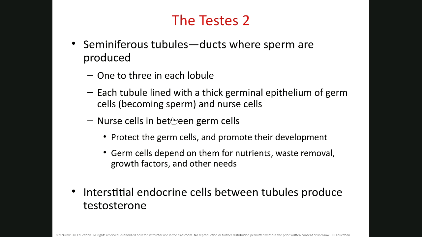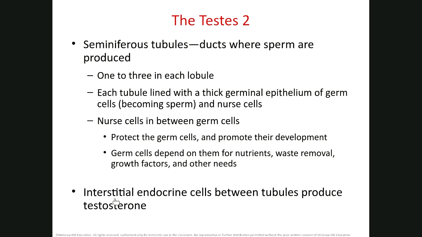This germinal epithelium will have sperm and nurse cells. Nurse cells protect the germ cells and promote their development. Germ cells depend on them for nutrients, waste removal, growth factors, and other needs. But the sperm cells will develop from that germinal epithelium. Sperm cells come from the seminiferous tubules.